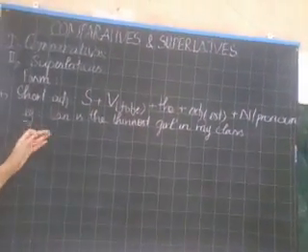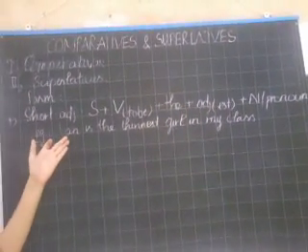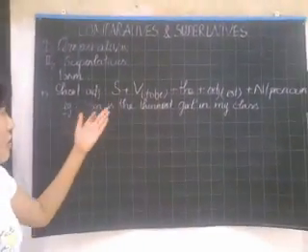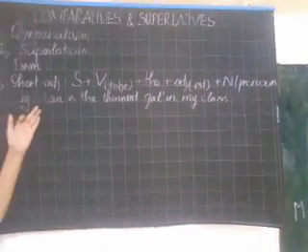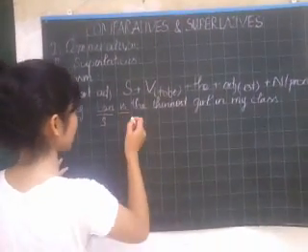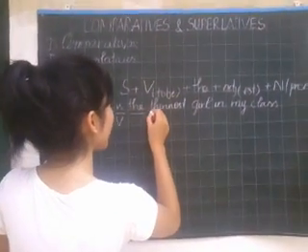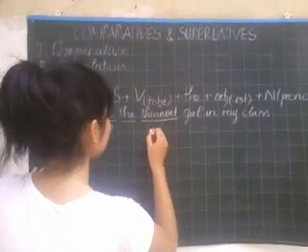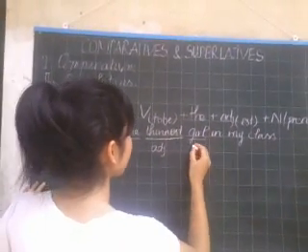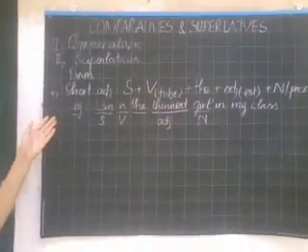You can see that in this example, it is very easy for you to analyze the structure of superlative. Lan is subject, is a verb to be, article the, and adjective with est, and class is noun. It is very easy for you to understand it.